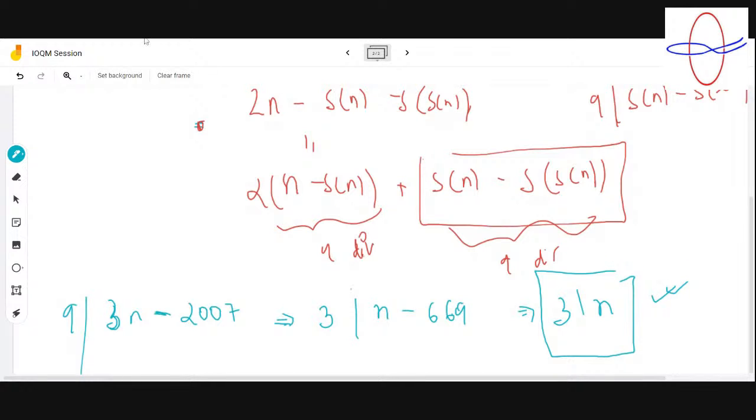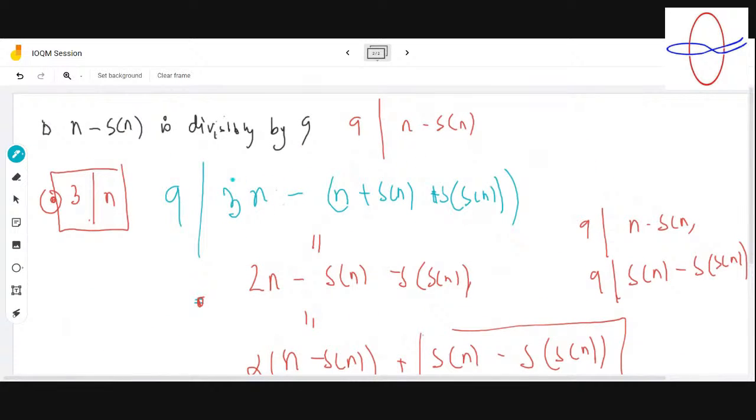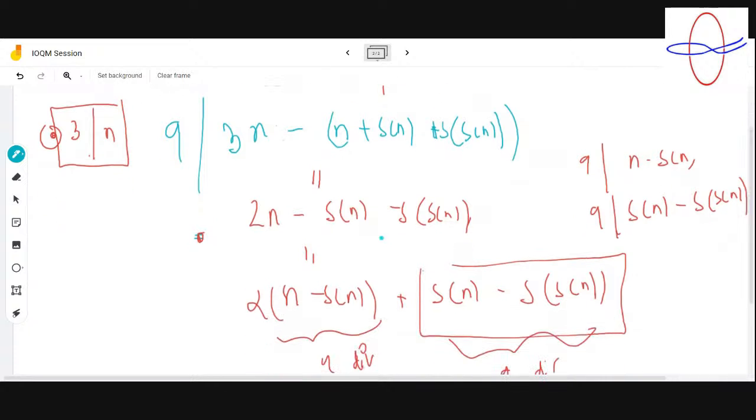So did all of you understand this result, guys? How did it come? We just assumed it, and we will prove that it is actually true. We have seen that 3n minus this sum is 2n minus this.